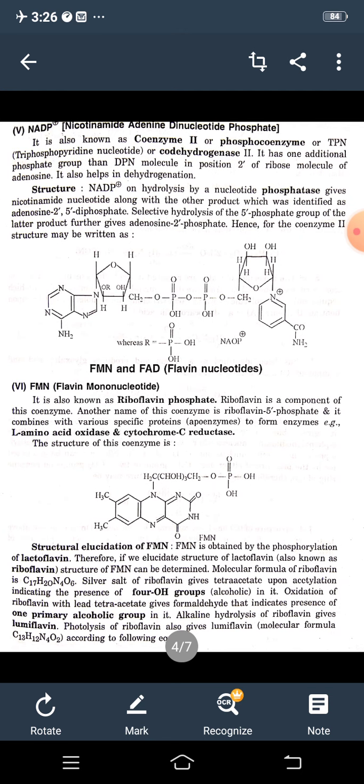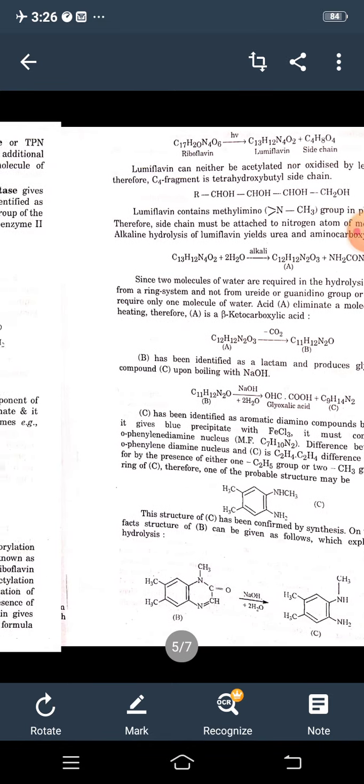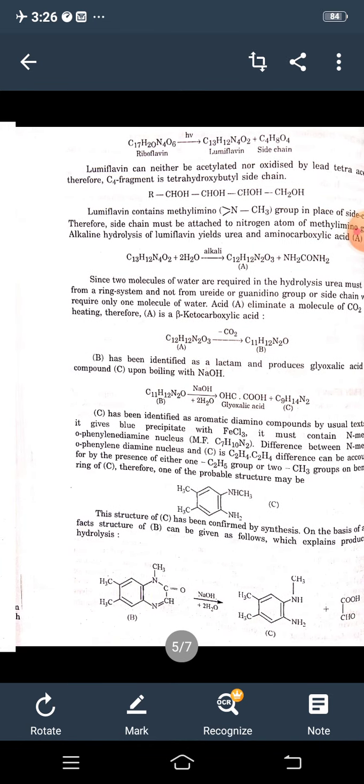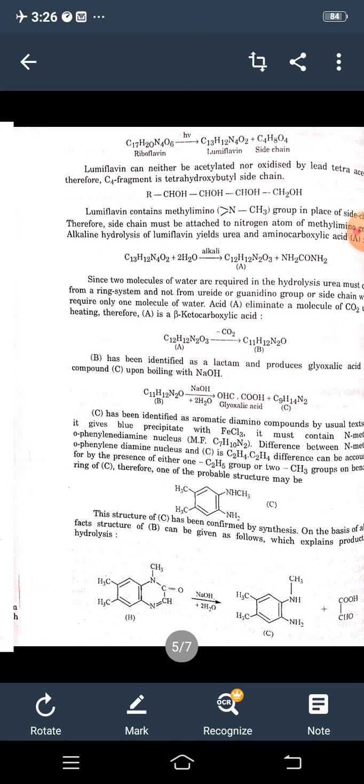Molecular formula C13H12N4O2 according to the following equation. We can take riboflavin in presence of sunlight, it gives rise to lumiflavin, plus some side chain product C4H8O4 is obtained.